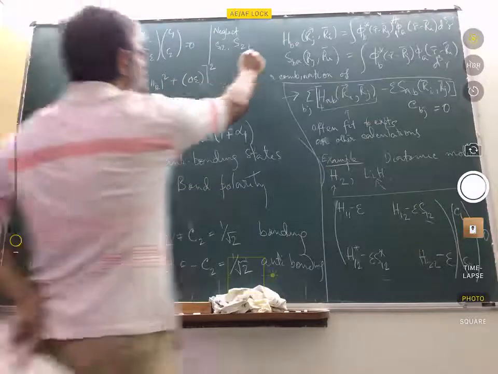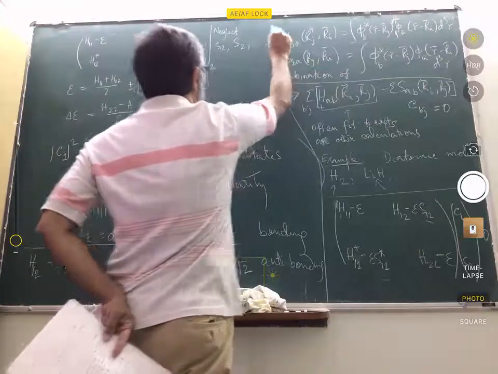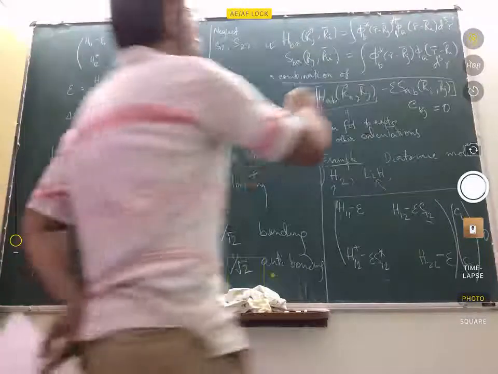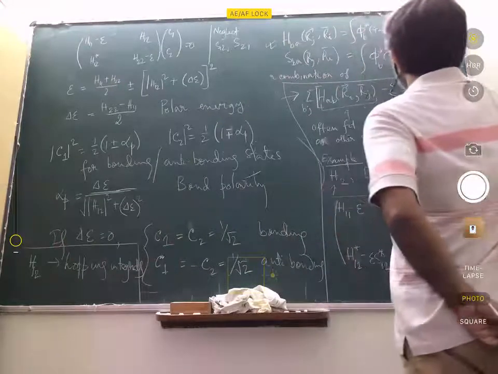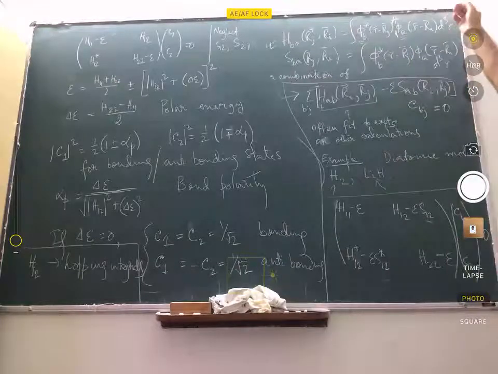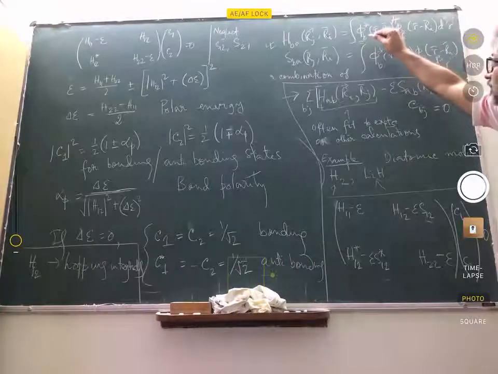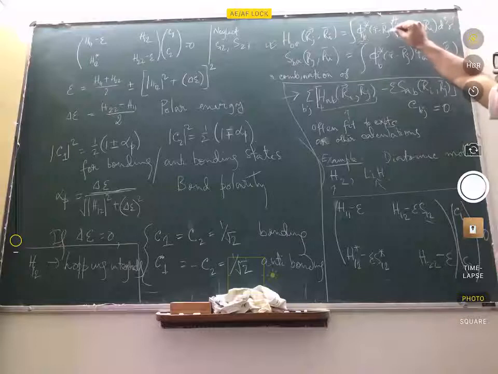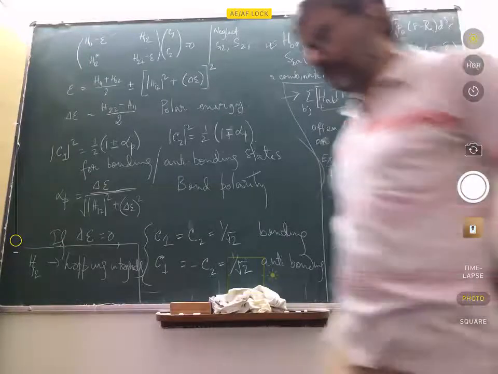So it's the matrix element of that Hamiltonian in the basis of the atomic wave functions, these wave functions, phi A, phi B. Phi A is a wave function on an atom which is, let's say, located at Ri. This one is an atomic wave function located on an atom at Rj.